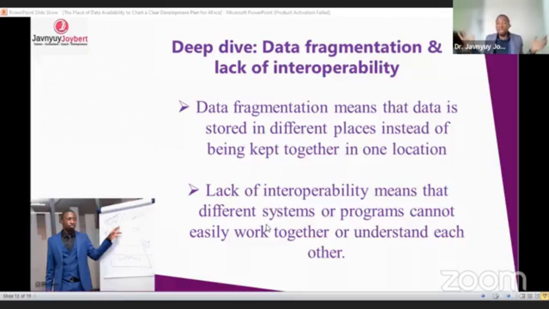For example, as I was talking about microfinance, if you go to many microfinance systems, you see that each microfinance institution has separate software that they are using. That is the lack of interoperability there. They cannot work together.